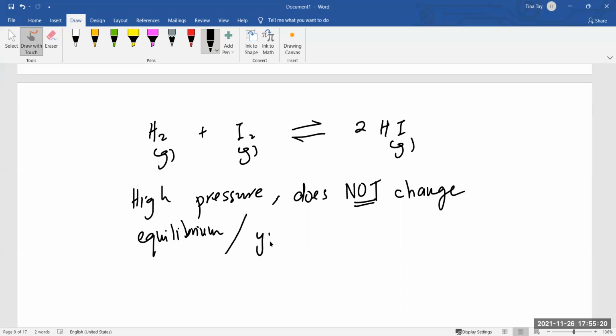Okay, or it does not change yield. When they ask about equilibrium, they are talking about yield. It does not change the yield because both sides have same number of moles.